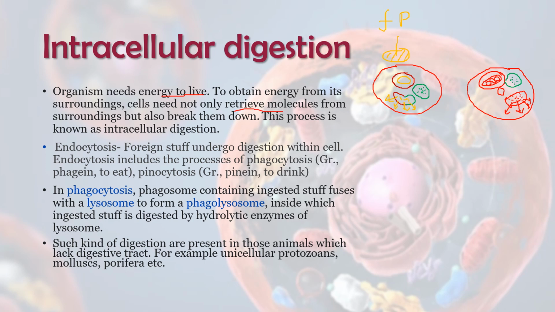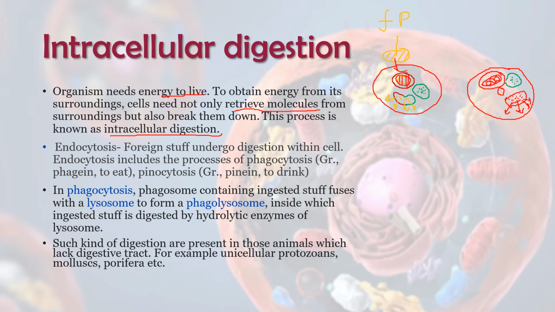There is a retrieving of molecules, and after retrieving them, with the help of lysosomes, this molecular material gets digested or broken down. This is known as intracellular digestion with the help of lysosomes. It is quite analogous to our stomach, where digestion of food takes place.